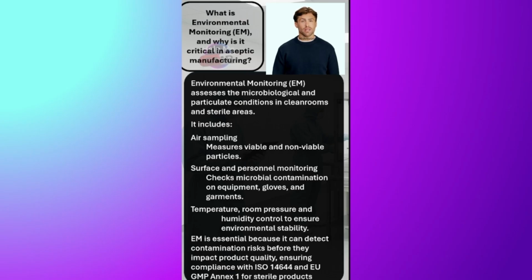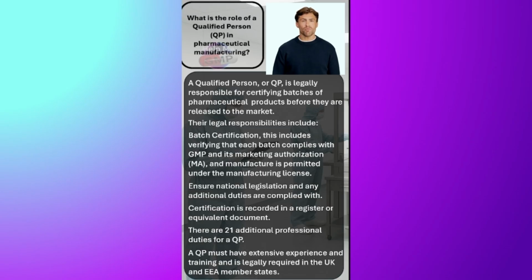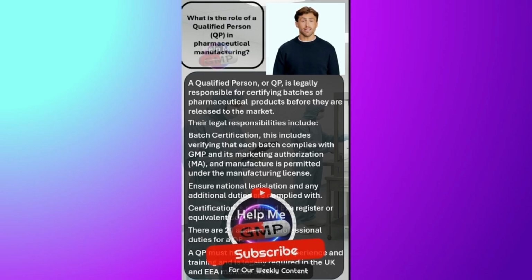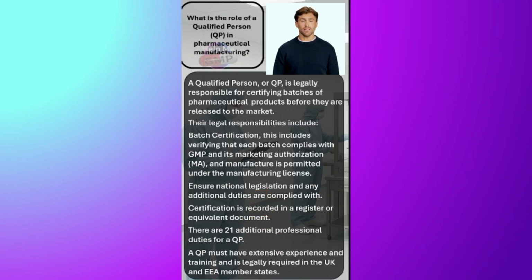And it ensures compliance with ISO 14644 and EU GMP Annex 1. The role of the qualified person, or a QP. The QP has one of the most important responsibilities in pharma. They are legally required to certify that every batch of product meets GMP and its marketing authorization before it's released.